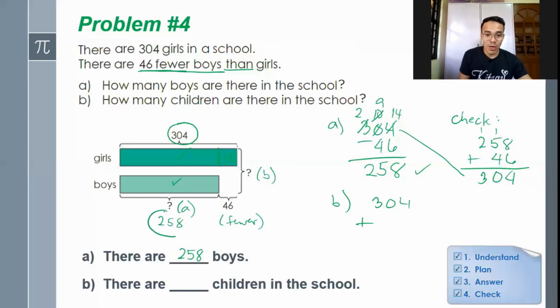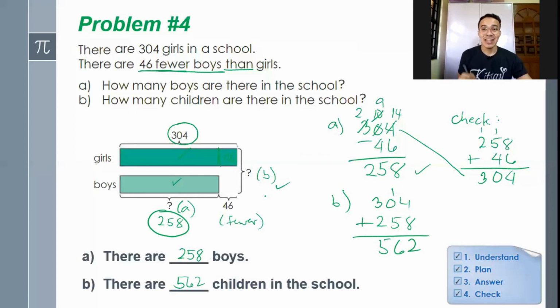There are 258 boys in school. So we have 4 plus 8, 12, carry 1, 1 plus 5, 6, 3 plus 2, 5. So we have here 562. That is the total. That is the number of children in school.